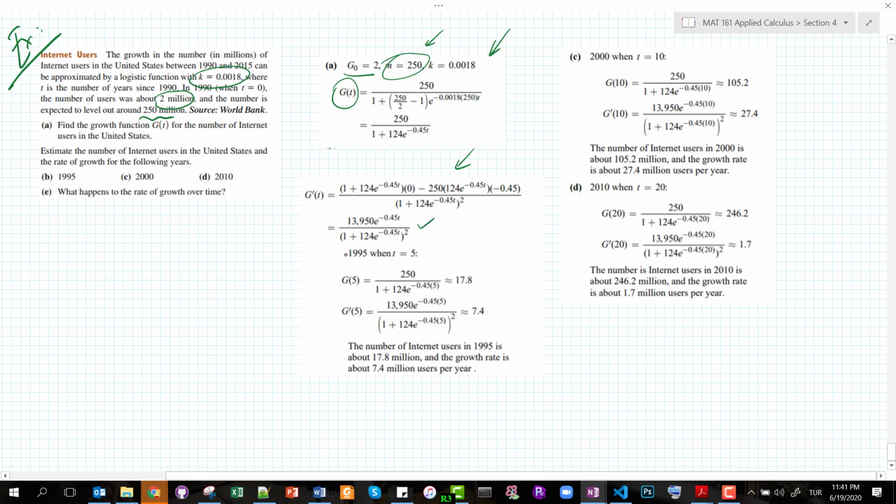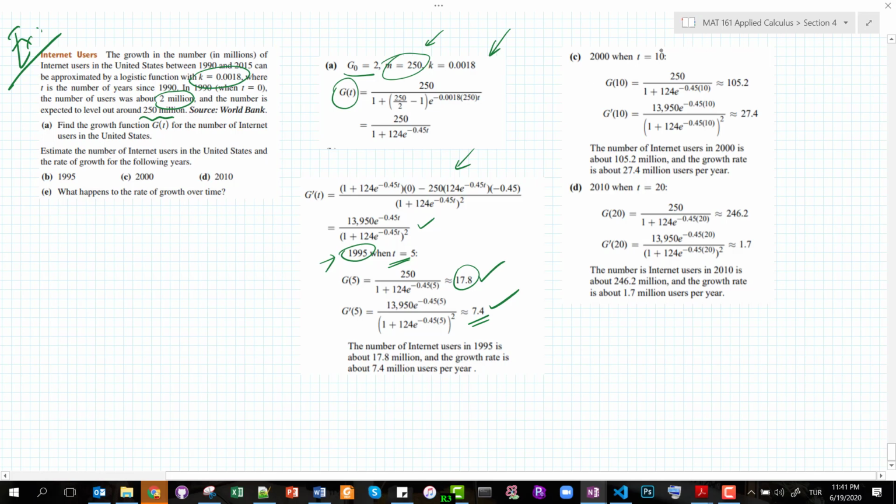Now I'm asking, when the year is 1995, we can just represent t equal to 5. What would be the value, and what would be the growth rate? The internet user number is going to be almost 17.8 million, but the growth rate is 7.4 million users per year.